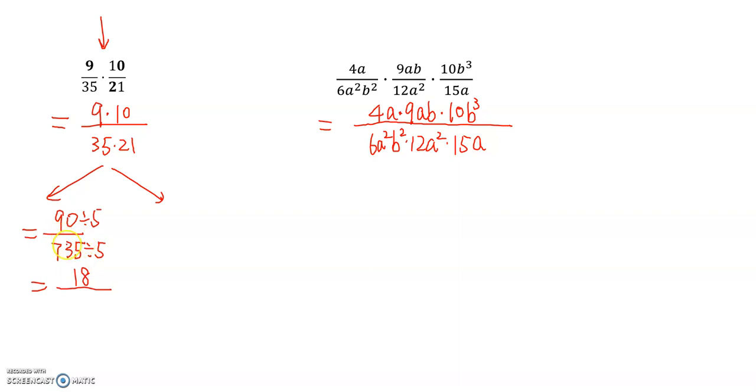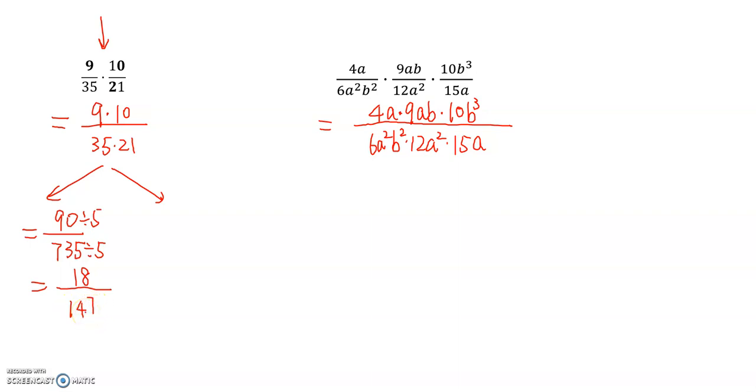So we have 18 in the first case. And the bottom, after we divide by 5, we should get 147. And next, we can see if we can factor this any further. And notice that 3 goes into 18, and 3 also goes into 147 because adding all the digits, 1 plus 4 plus 7, gives us 12.